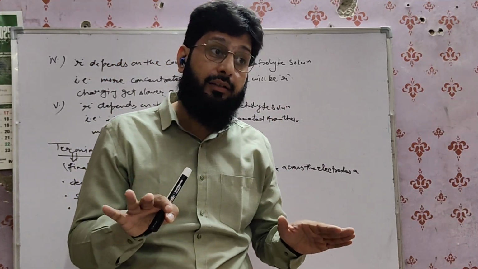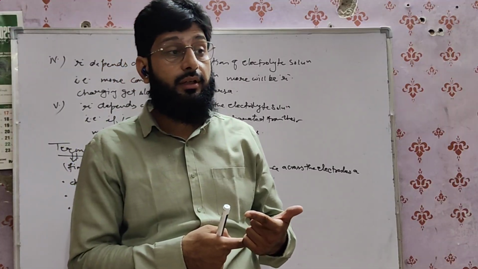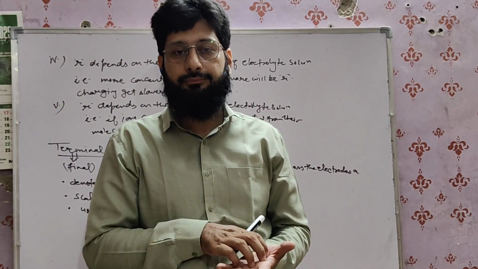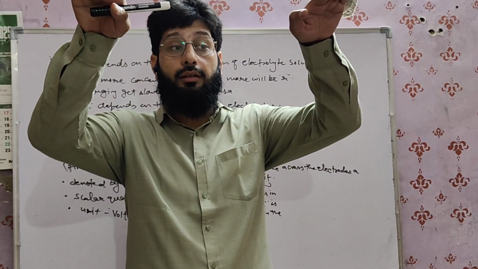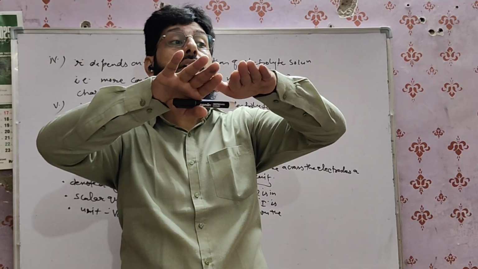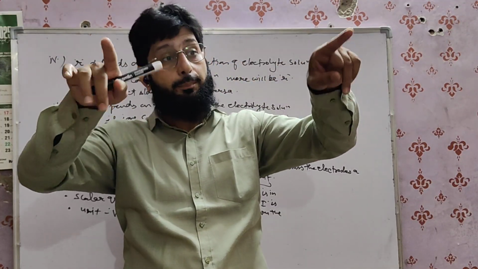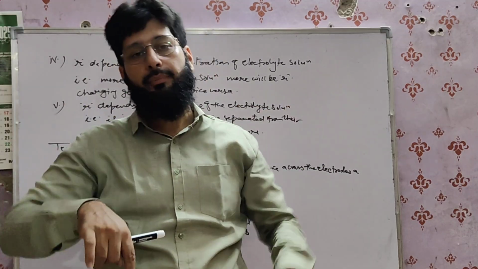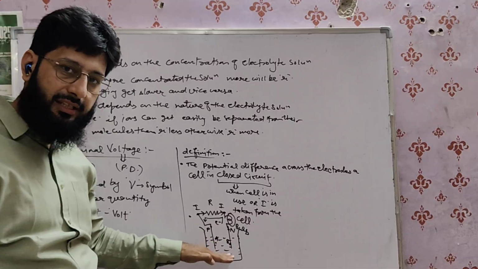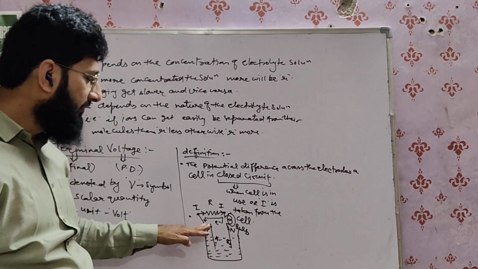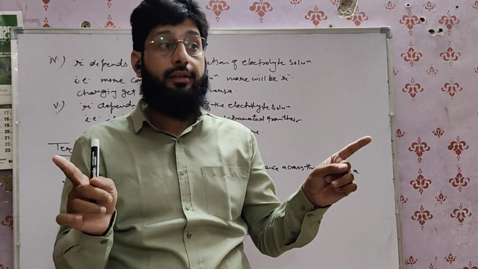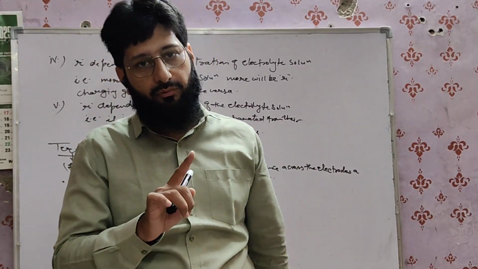So keep in your mind, when the circuit is closed, the charge will not become zero completely, but will decrease to an extent, and the potential difference at that extent is called the terminal voltage. The negative charge decreases up to an extent, the positive charge decreases up to an extent, and for that extent the potential difference is called terminal voltage.